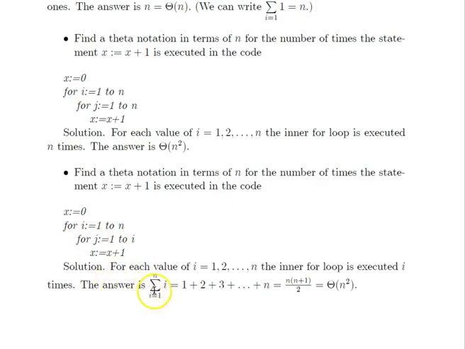So the number of times the inner loop is executed is this sum. It is the sum of the numbers from 1 to n, and this is n times n plus 1 over 2, which is a polynomial of degree 2, and its theta notation comes from the leading term. So theta of n squared.